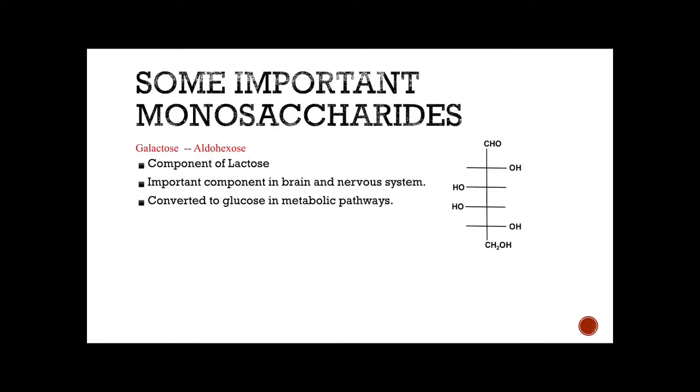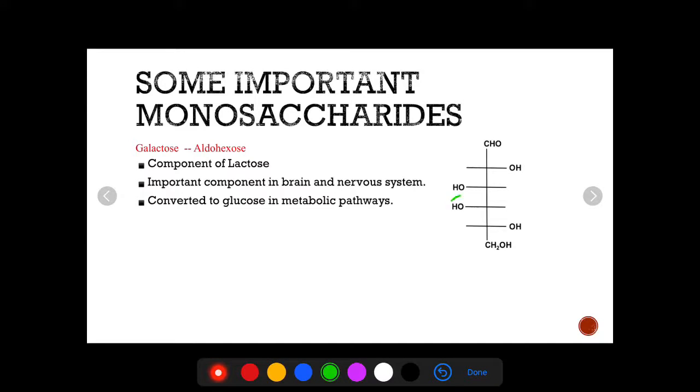Okay, galactose is an aldohexose, and the only difference from glucose is this hydroxyl group right here. In glucose, it's over here. So that's the only difference between the two. We have the aldehyde up here, and we have the 6 carbons in the chain.